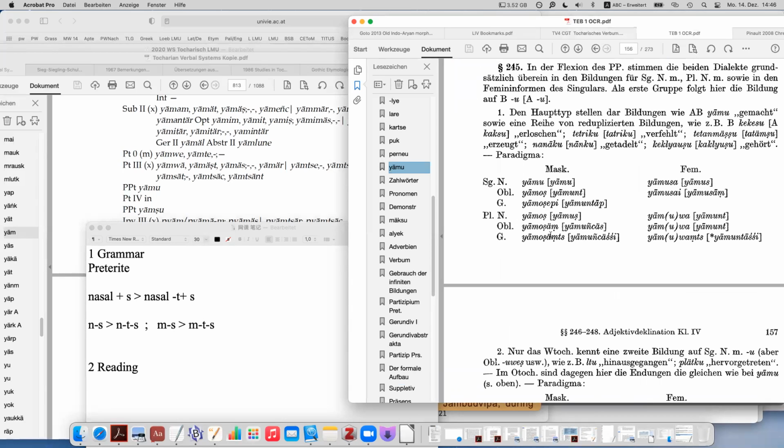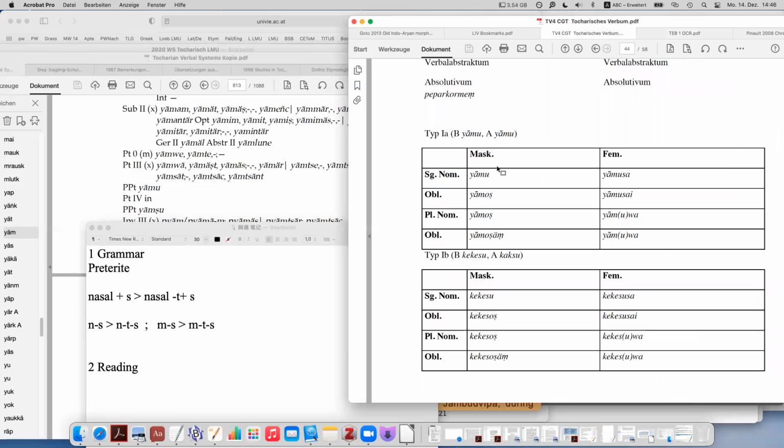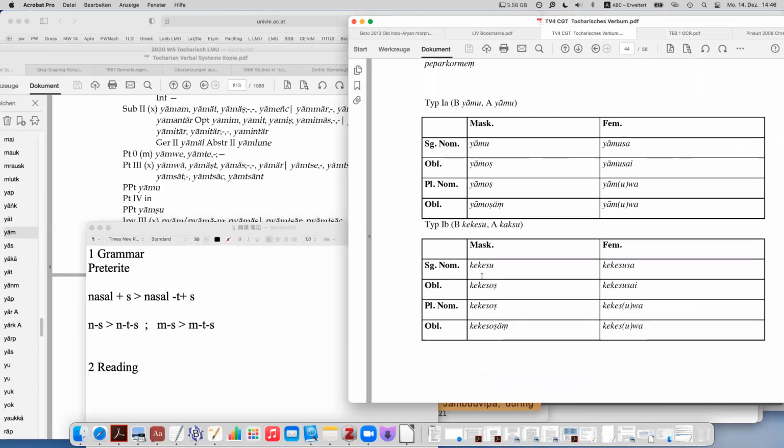So this is for B. And for A, you have yamu, yamunt, yamuntap, and yamush, plural, and yamunches, and yamuncheshi. This is genitive plural. So this is a preterite participle.